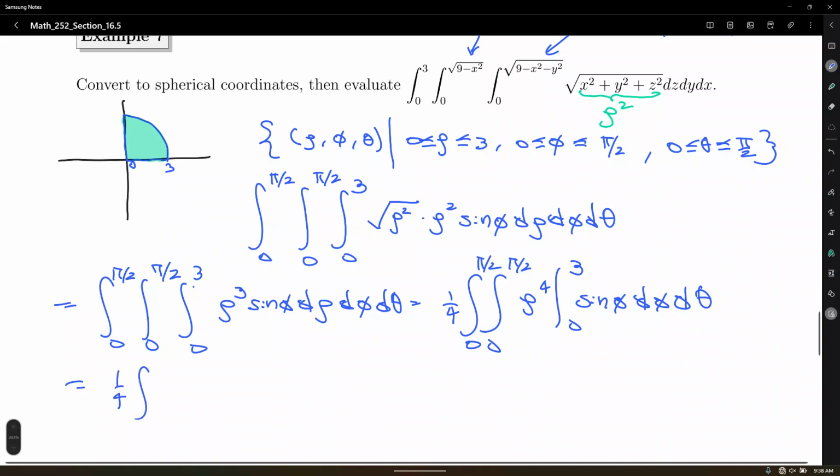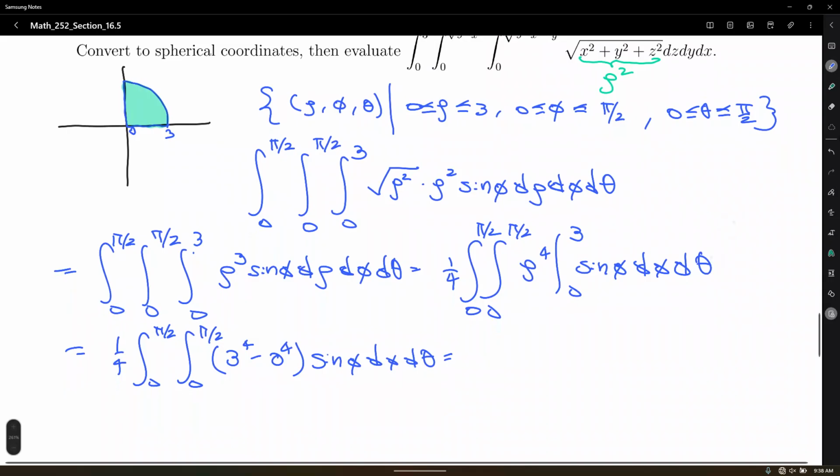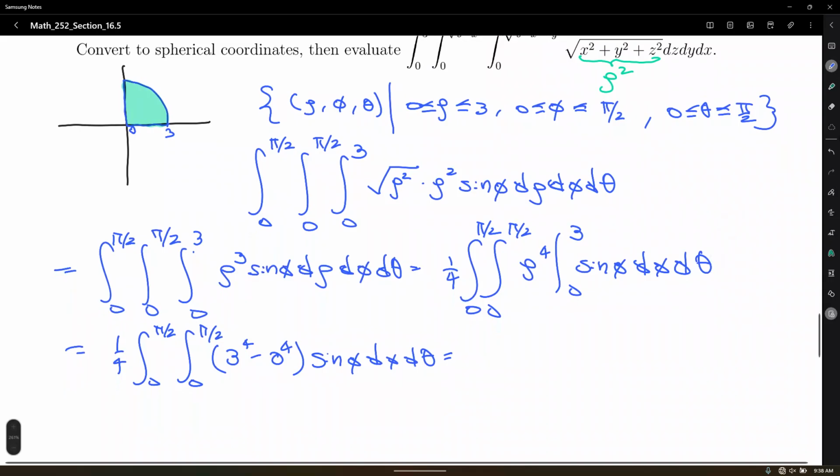That's 1/4, integral from 0 to pi over 2, from 0 to pi over 2, that is 3 to the 4th minus 0 to the 4th, sine phi d theta. 3 to the 4th, that's 81, right? I'm going to write that 81 outside multiplying with the 1/4. That'll be 81/4.